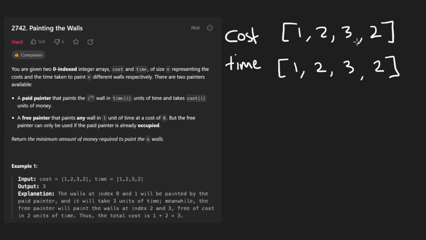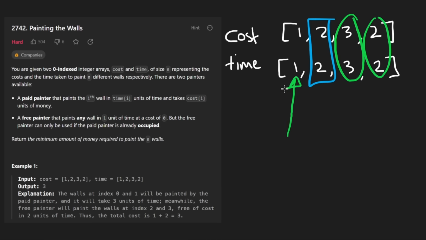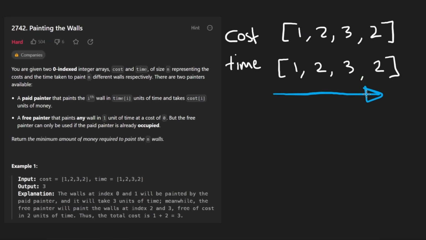Now if we had the paid painter paint this wall, there's only 2 units of time for the paid painter to paint this one, so the free painter could maybe get to this one and this one, but they could not get to that one, so the paid painter would have to do that one. And they also don't really mention in what order the walls have to be painted. So that's for us to decide.